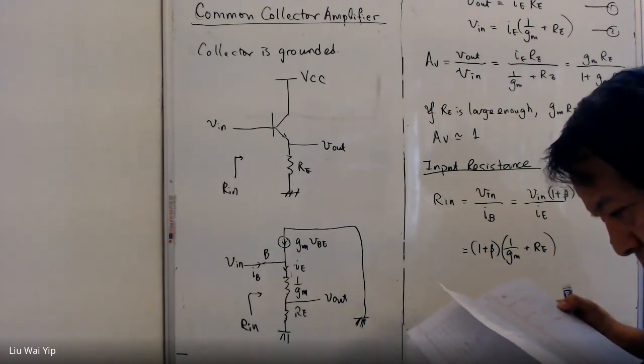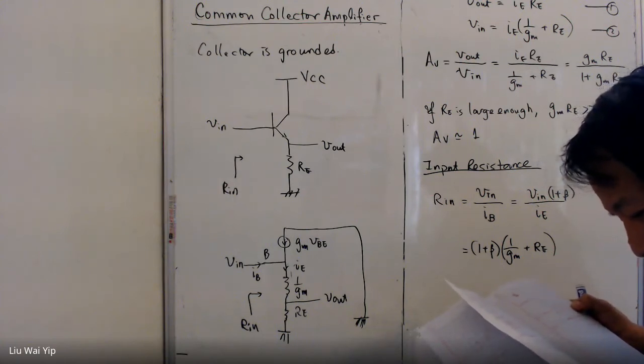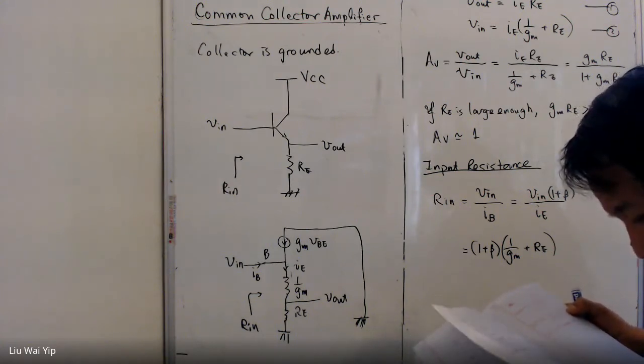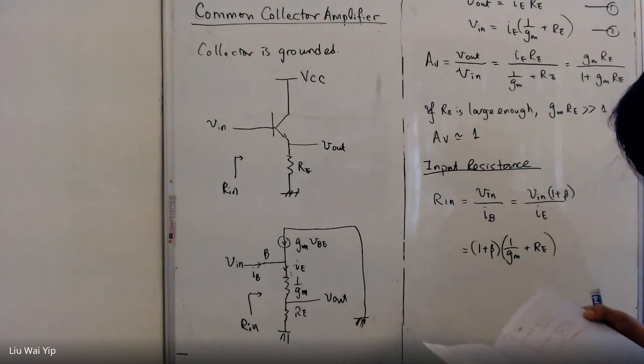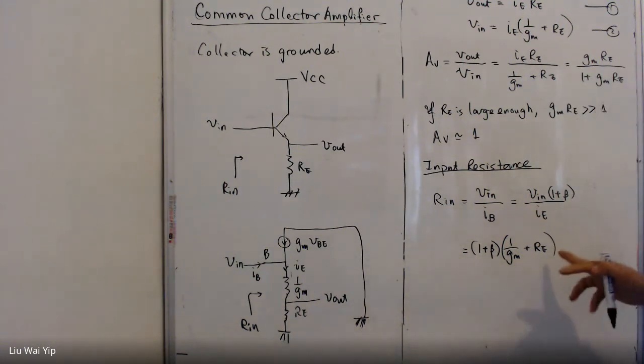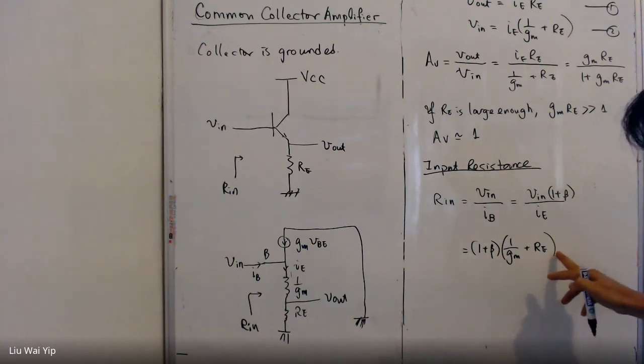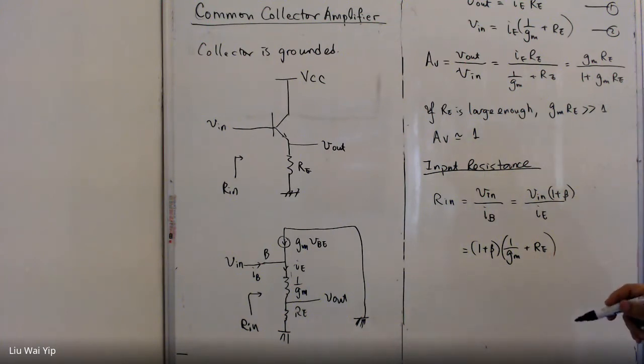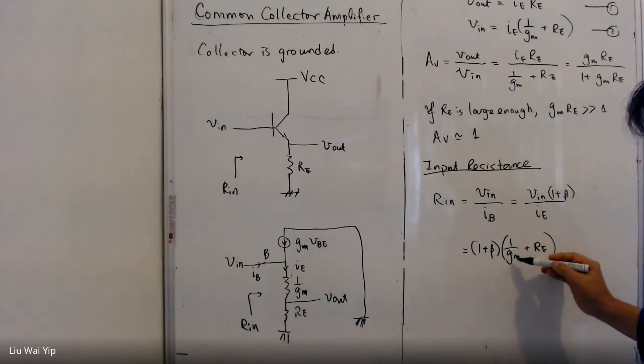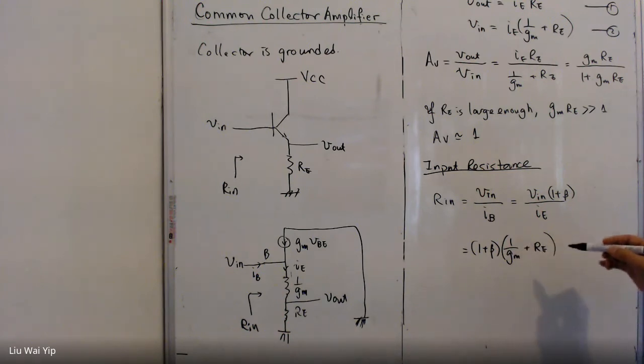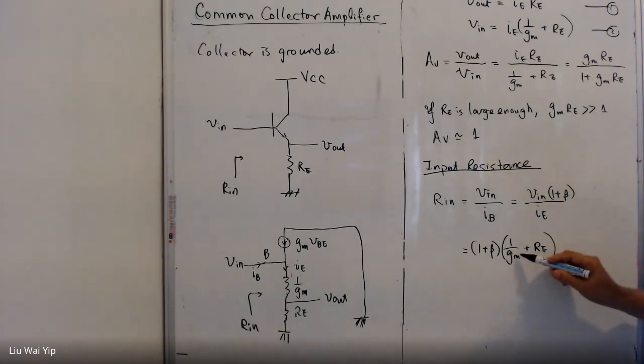Input impedance is beta times RE. Now, based on this expression, 1/gm is a small value, and we can say that RE is much bigger than 1/gm.